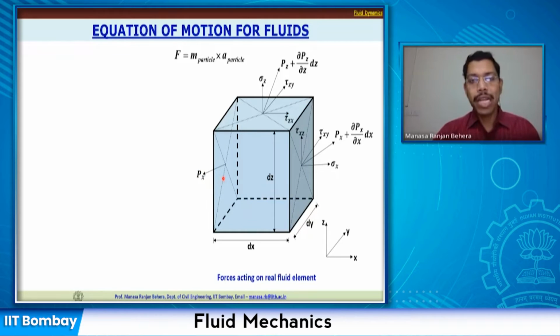Similarly, on the opposite side there will also be a pressure acting, and over a distance the pressure would have changed, and the rate of change is dou Px by dou x. So over a distance of dx, the change is dou Px by dou x multiplied by dx. So Px plus this component is going to be the pressure which will act on this surface. Now, I think there is a mistake here. It should be acting towards the fluid element.